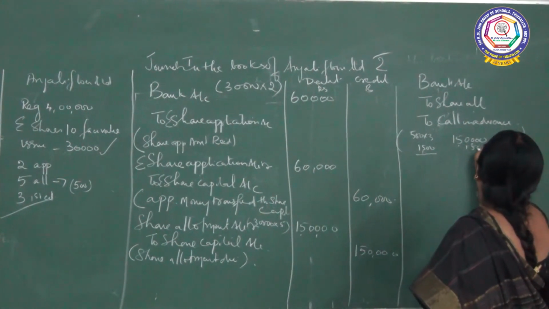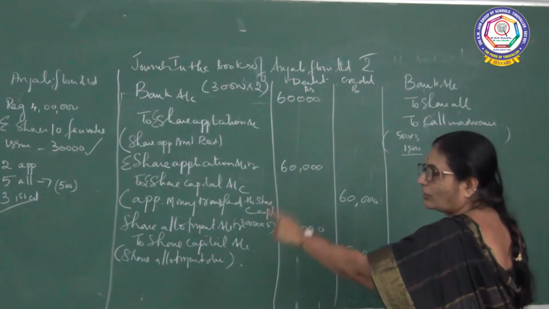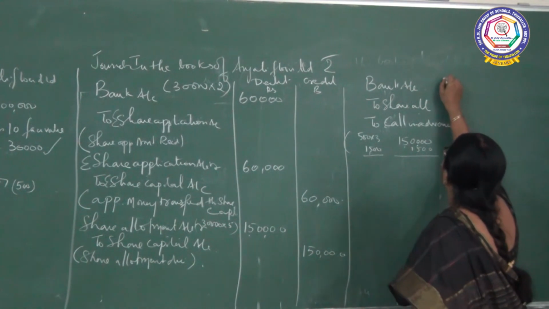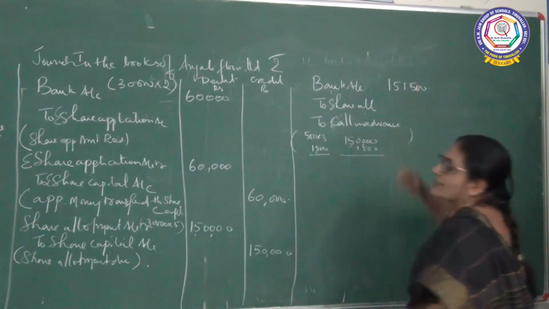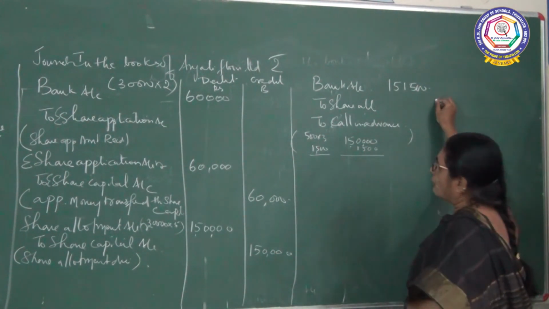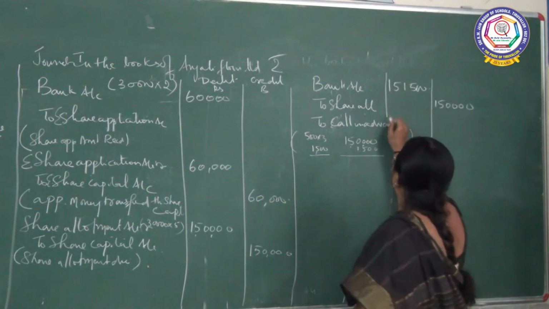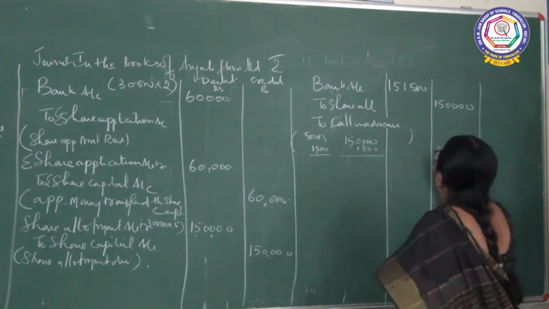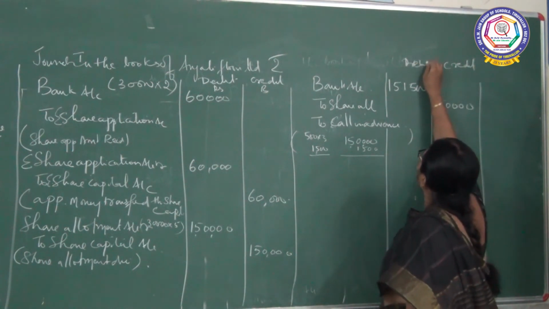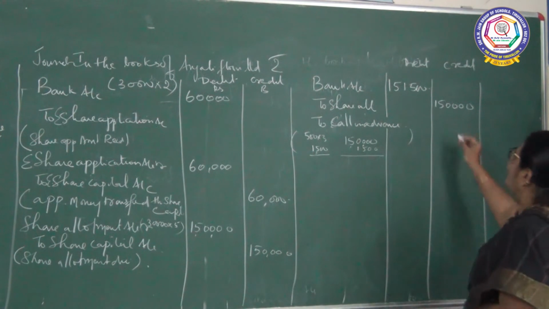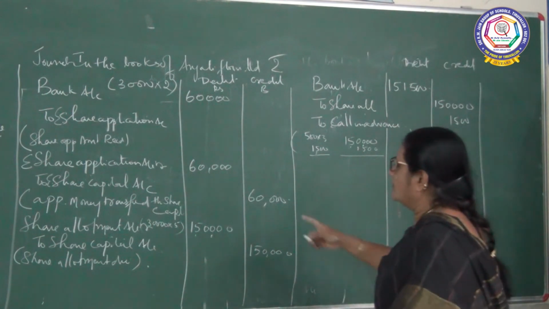When the company is asking for the allotment money, he is paying the call money. So you receive 1,51,500. This much money has gone into the bank. Actually 1,50,000 should go to the allotment account, and the extra 1,500 he has given you well in advance. Now this is your allotment.